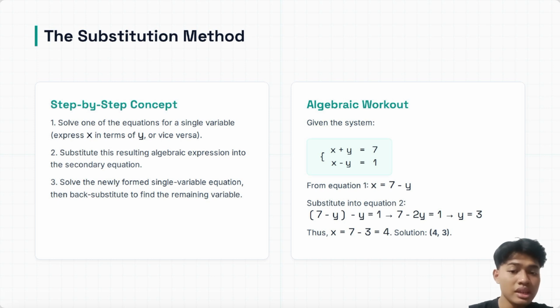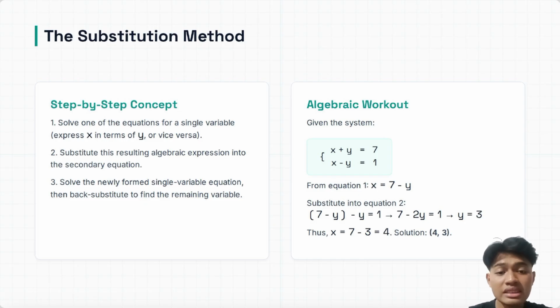So, we get that 7 - 2y = 1. So, 2y = 6, and y = 3. Substituting y = 3 into the first equation, we get x = 4. Therefore, the solution is (4, 3).